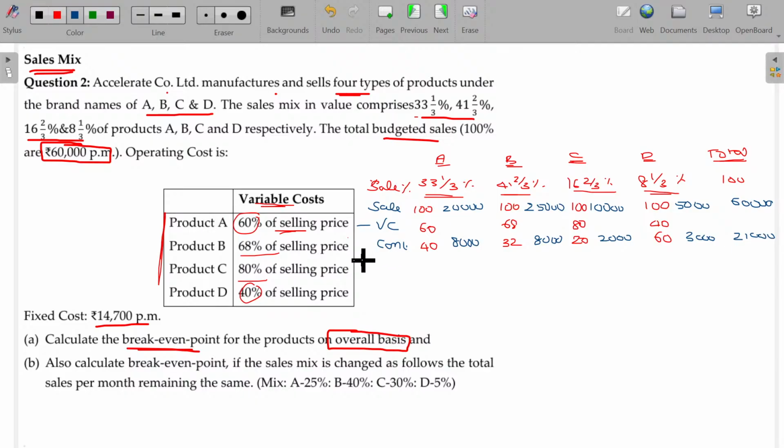From that you can subtract fixed cost 14,700. Fixed cost cannot be subtracted for every product separately. It should be subtracted collectively. Then your profit in this case will be 6,300. This is the present scenario. Clear?